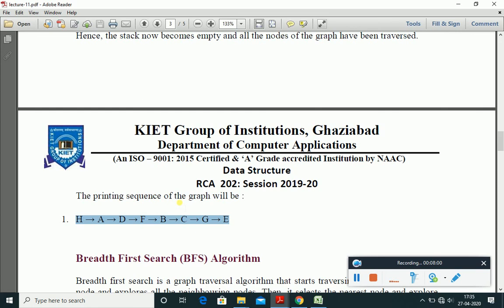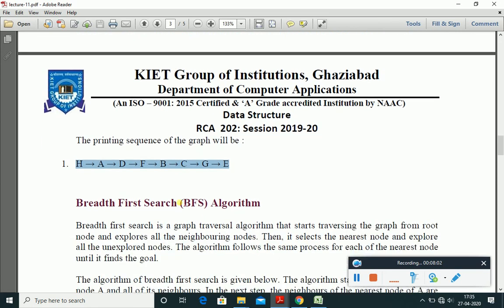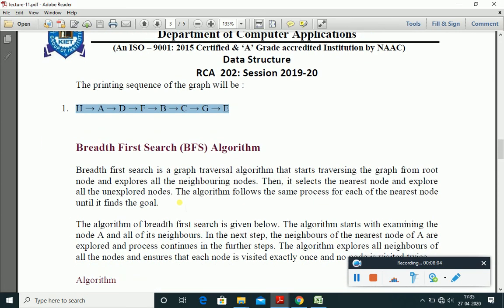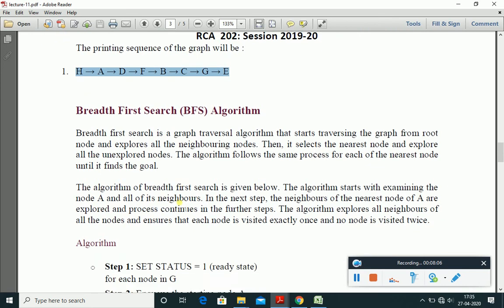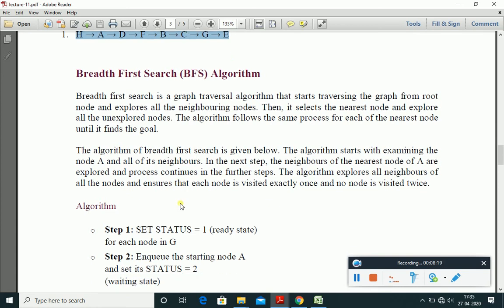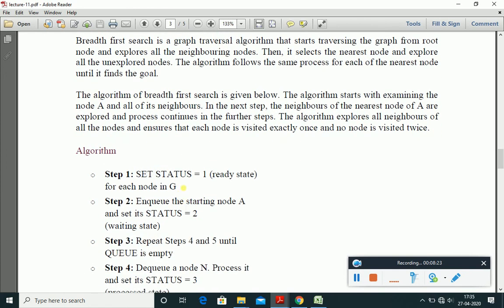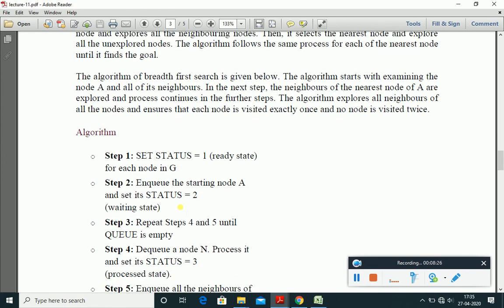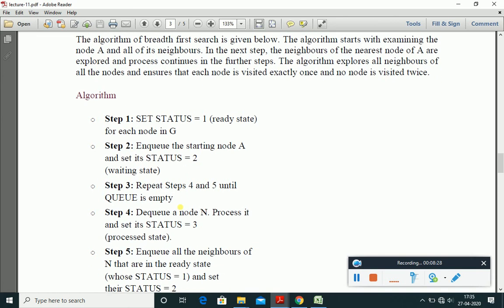In the same way, we can apply breadth first search. Breadth first search is similar to depth first search, but there is a small difference. Here we will use a queue as the intermediate data structure in place of the stack which we used in DFS. The rest of the algorithm is the same. The only difference is the behavior of the queue.